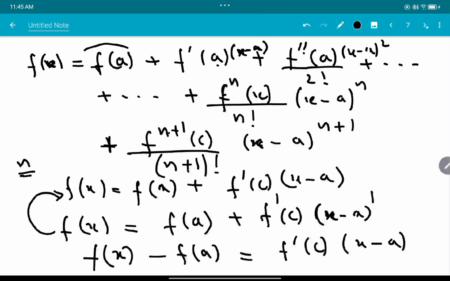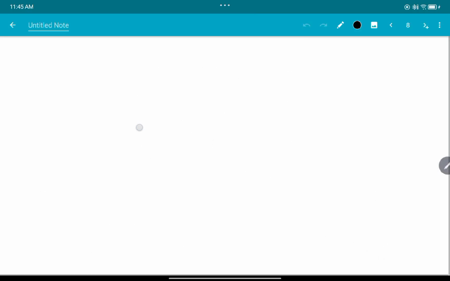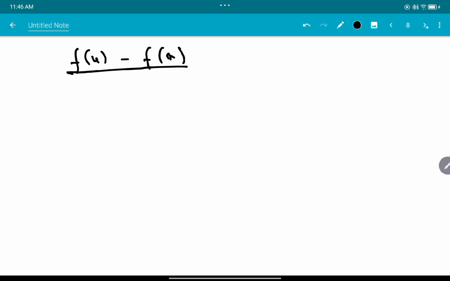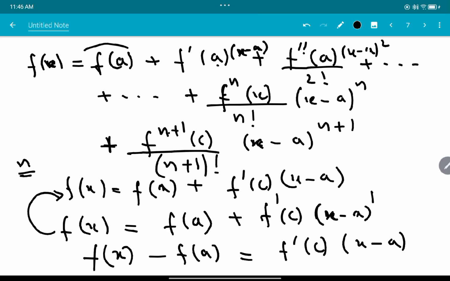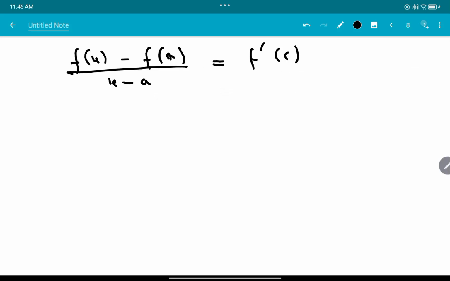In my next step, I will transpose this (x minus a) to this side. When I do that, I get (f(x) minus f(a)) divided by (x minus a) is equal to f dash c. Now go back and see whether this is equal to f dash c. Good, f dash c. The same can be written as f dash c is equal to (f(x) minus f(a)) divided by (x minus a).